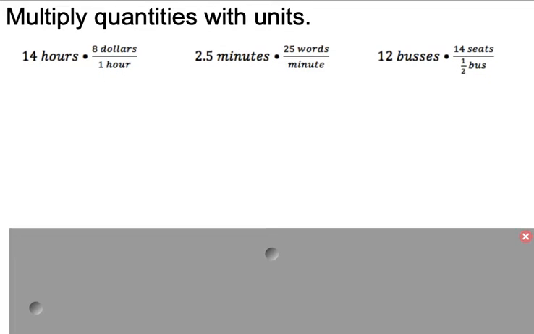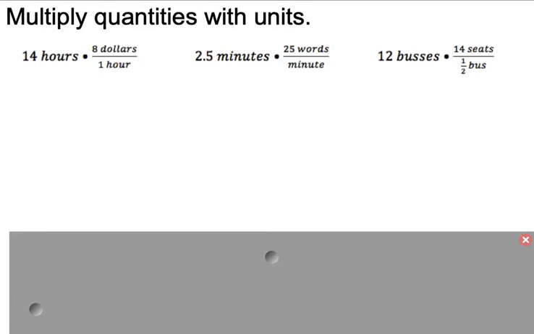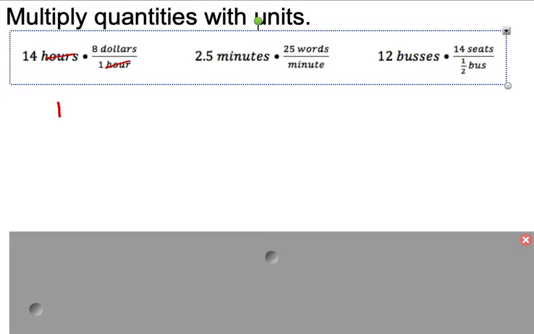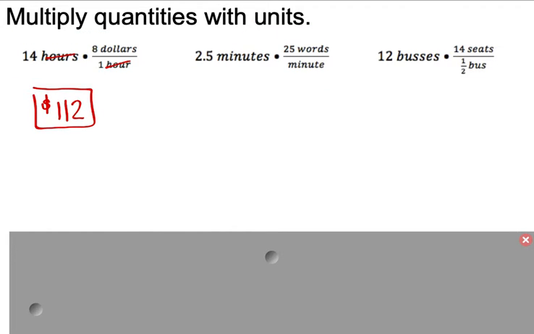So let's look at some examples here. 14 hours times $8 per hour. The hours will reduce. This is just 14 times 8. That's $112. Okay, 2.5 minutes times 25 words per minute.